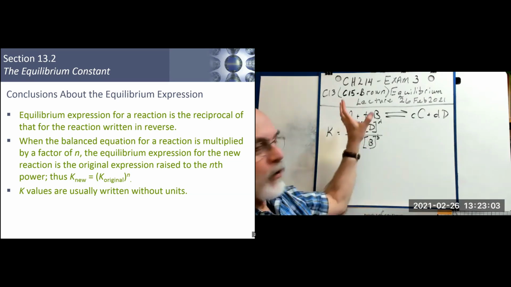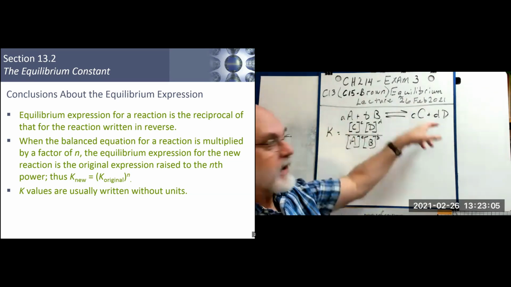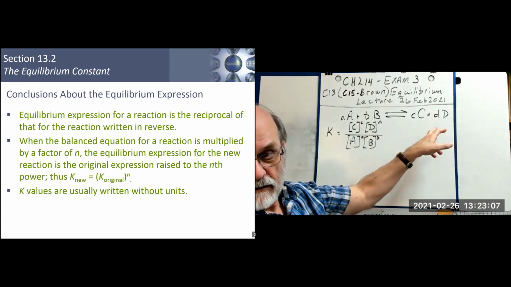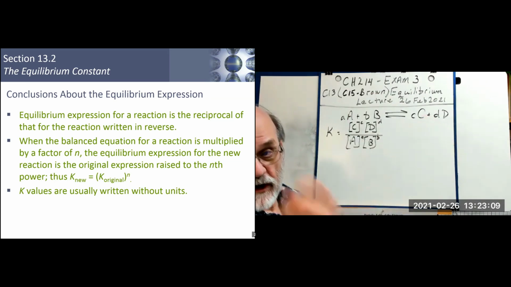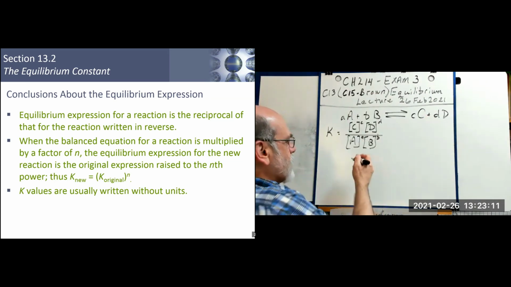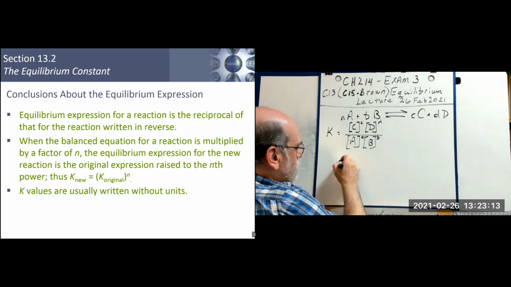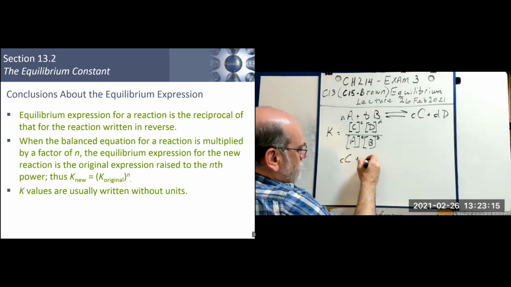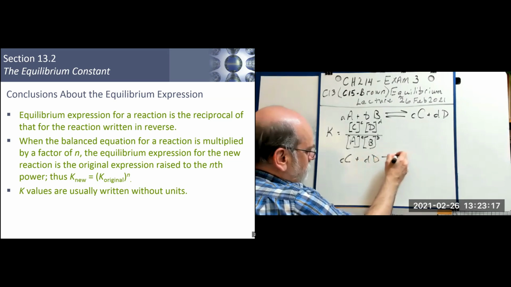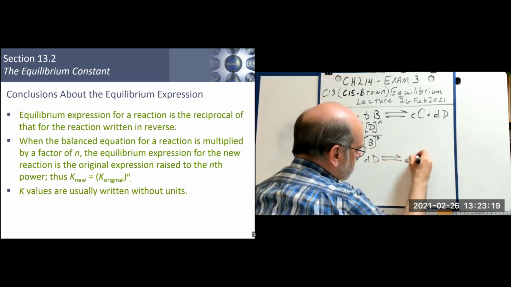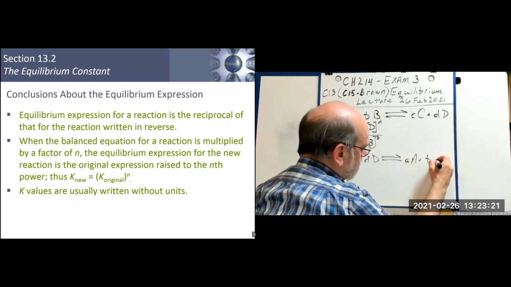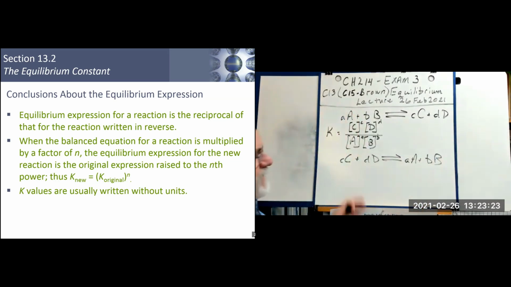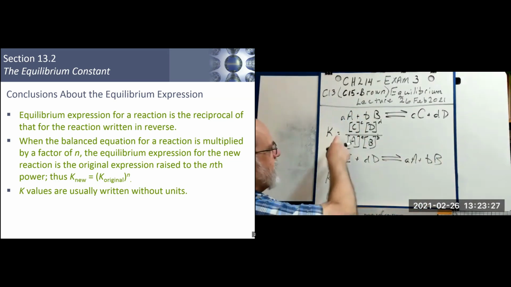Instead of starting out with A and B, we want to start out with C and D. Then what would the expression look like? If we have to do it this way, then what would our expression be? Then we would have a different K, of course. Let's say K1, this K2.